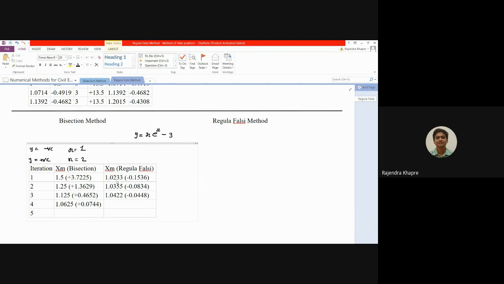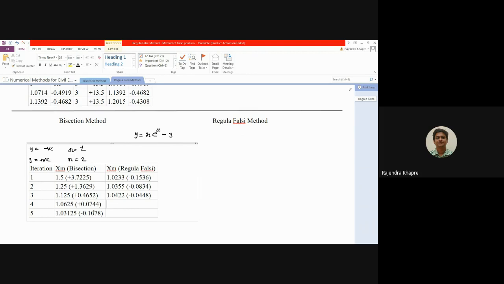For bisection, 1.039, okay, 1.0625, sorry. And y is minus 0.1078. Okay, please complete these two xm.